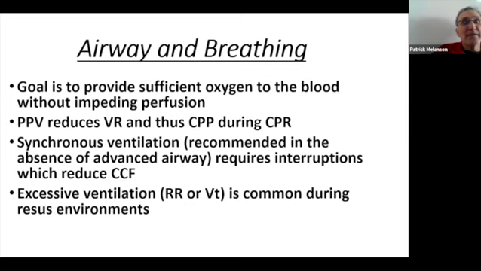And excessive ventilation is common during resus environments. I must say I pay attention to the RTs in our hospital, and they're actually quite good at bagging only 8 to 10 per minute. But there have been multiple studies in the paramedic literature demonstrating that well-trained paramedics in stress situations bag at a rate of 28 to 30. Remember, in a stress situation, time perception is often lost.